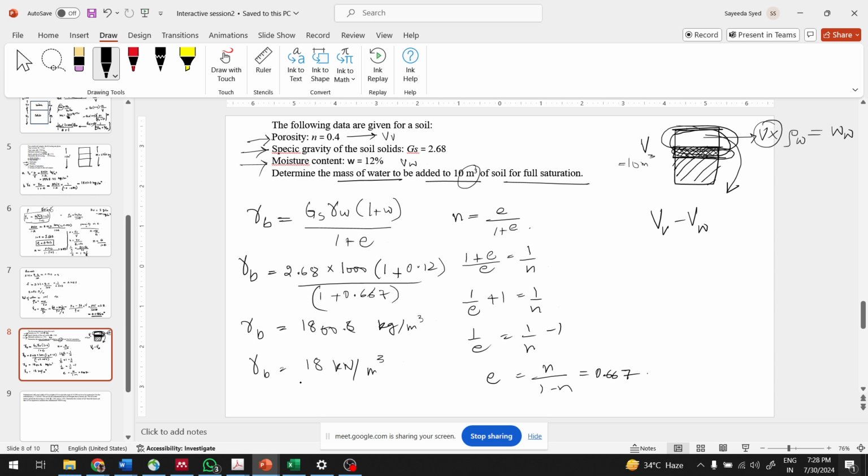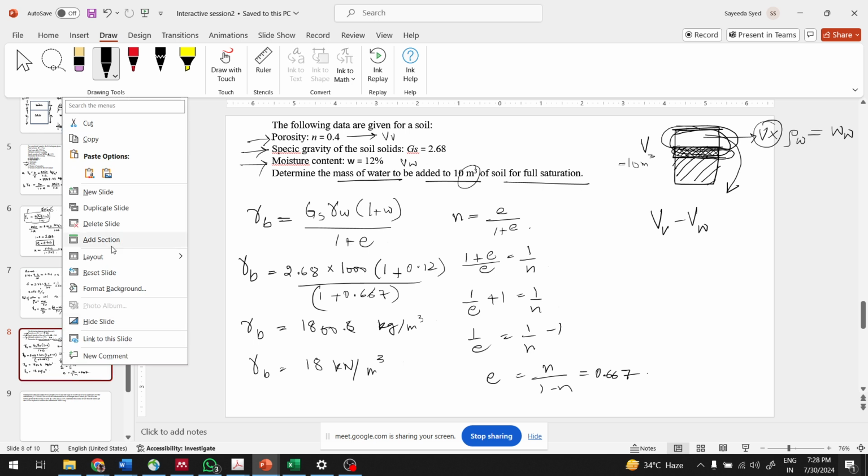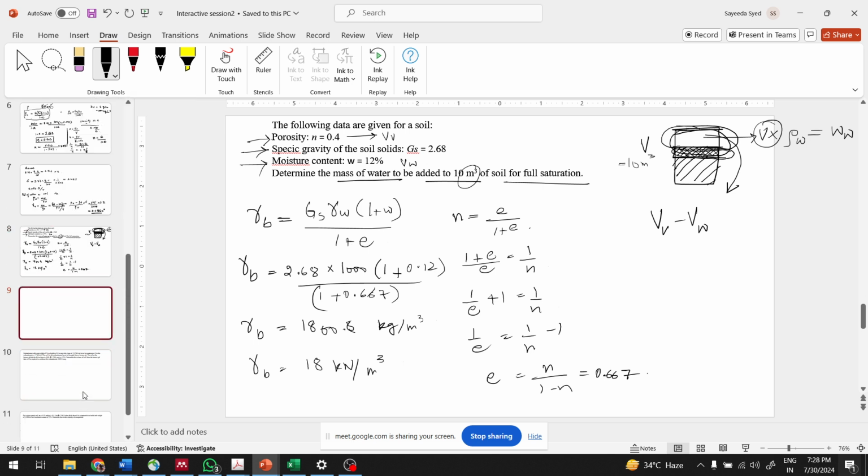Okay. So from gamma bulk, we calculate the gamma saturated. Not from gamma bulk, after gamma bulk.